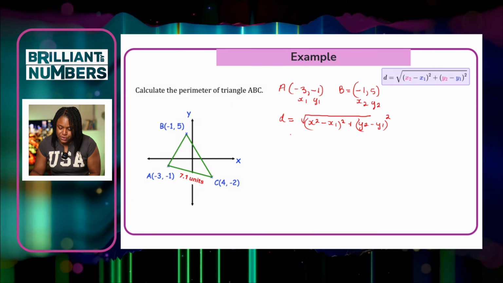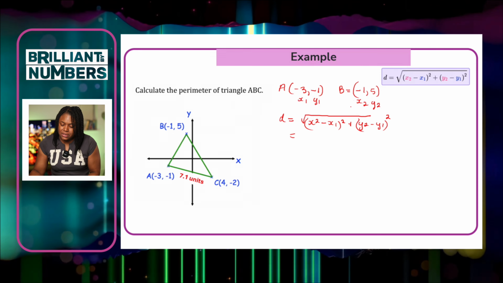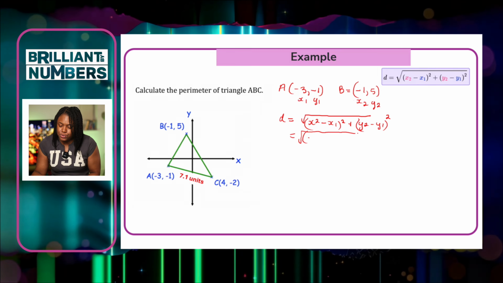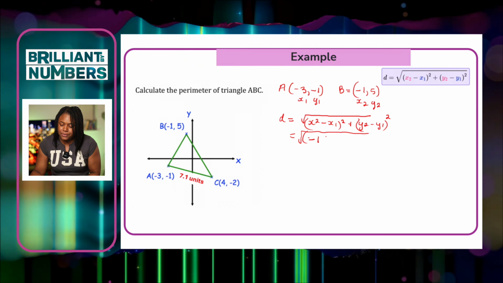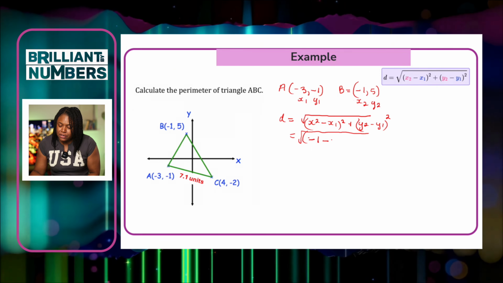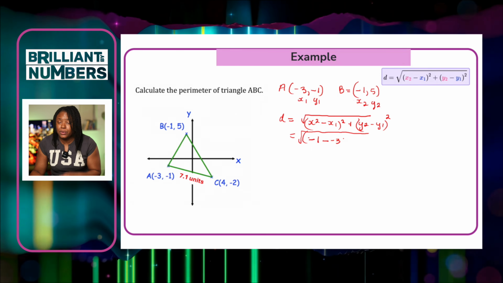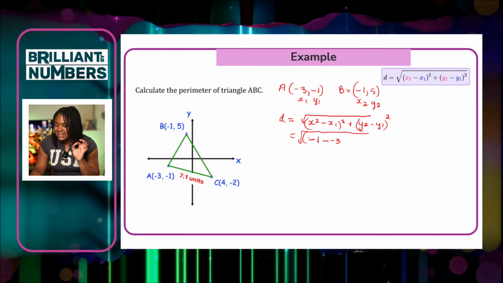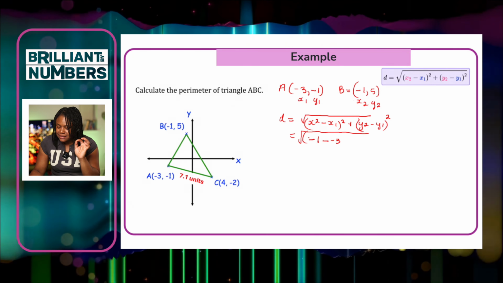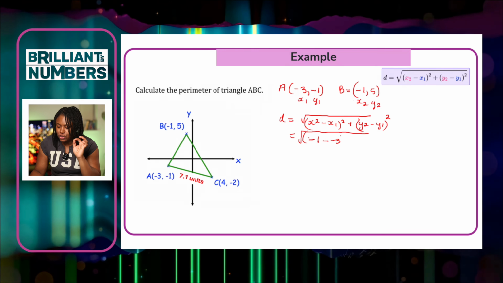Now let's substitute. So x2 is equal to minus 1. So we're doing the square root of minus 1 take away x1, which is minus 3. So notice here we've got two negatives, so the minus sign that comes in the formula is different from the negative 3 that is in the question.